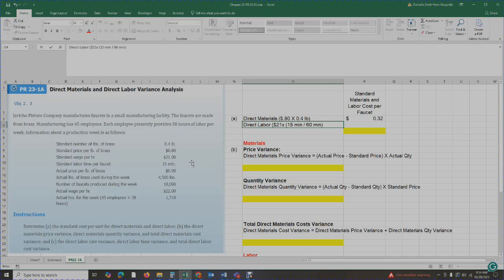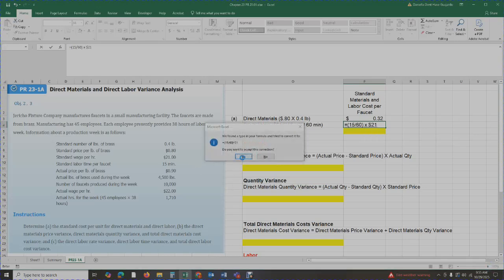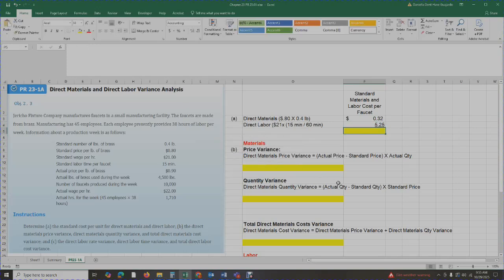So let's see what that gives us. If we do 15 divided by 60 first, the calculation, and then multiply by the $21, that gives me $5.25. So my labor is more expensive than my materials.